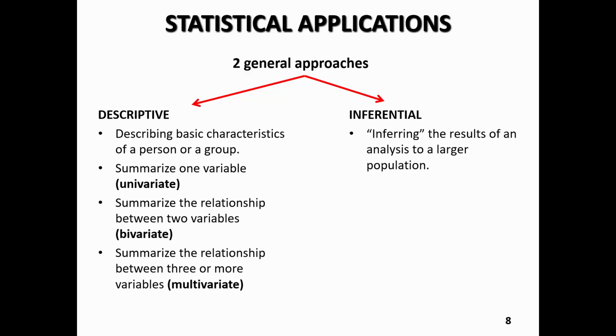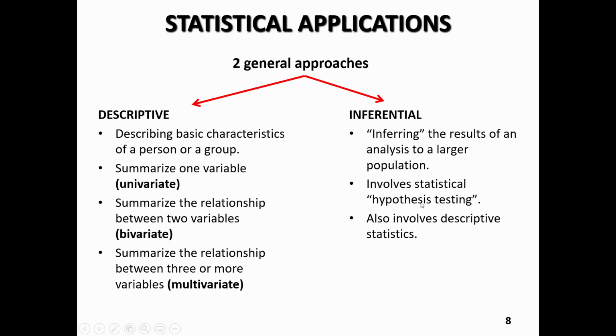And so the term implies that we are inferring the results of an analysis to a larger population. And this involves what's called statistical hypothesis testing. This is very different from generating the research hypothesis, and this is something that we'll address a little bit later.